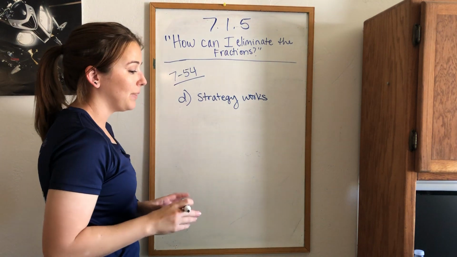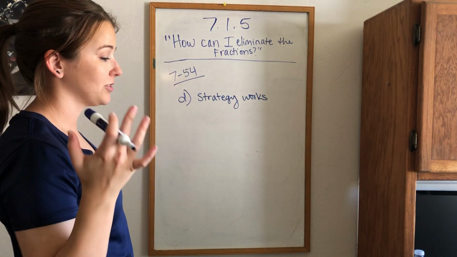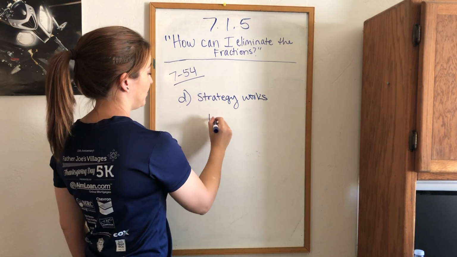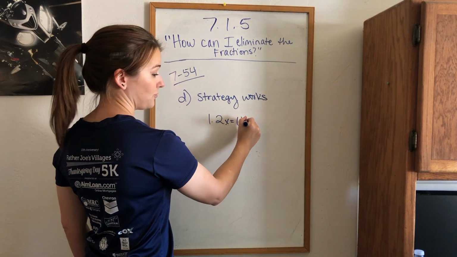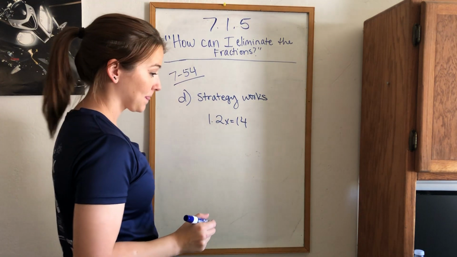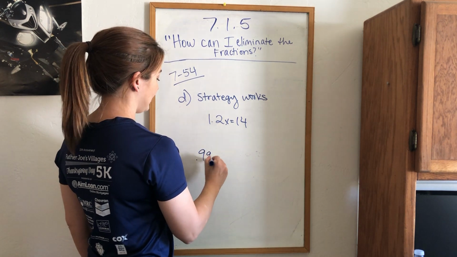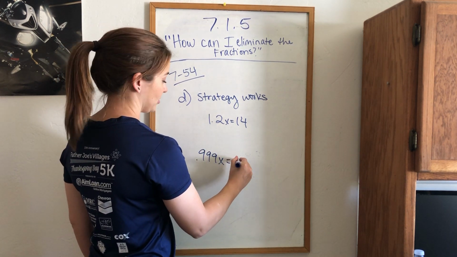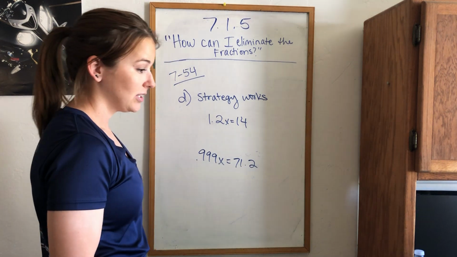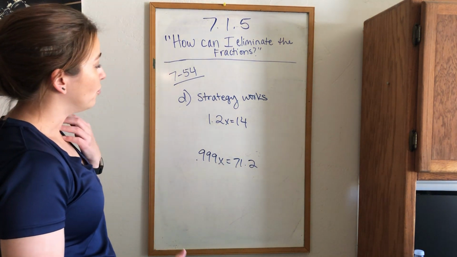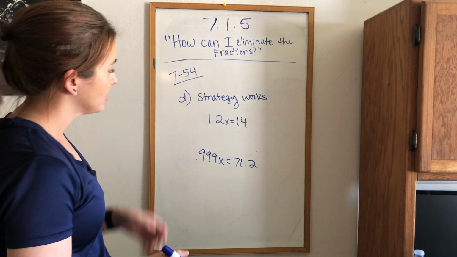Strategy works, but then it's asking, what if you wanted to solve the equation 1.2x equals 14? What about 0.999x equals 71.2? So we could do that with these.